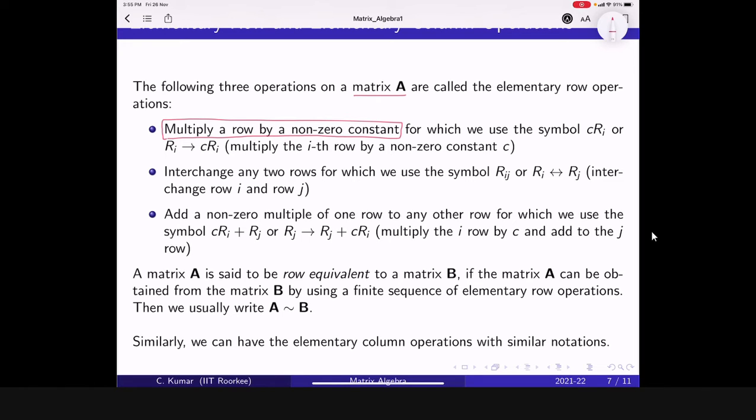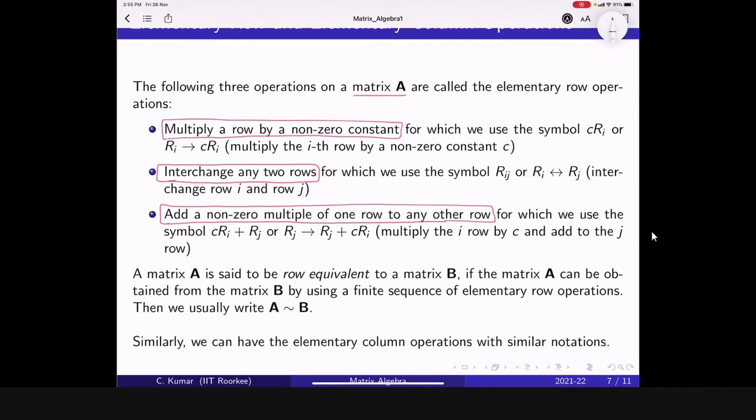Second operation is interchange any two rows of a matrix. And the third one is add a non-zero multiplier of one row to any other row of the matrix. These are the three operations that you can perform on the rows of a matrix. And the same type of operations you can perform on the columns of the matrix. Okay, so we will see what we mean by these operations one by one.